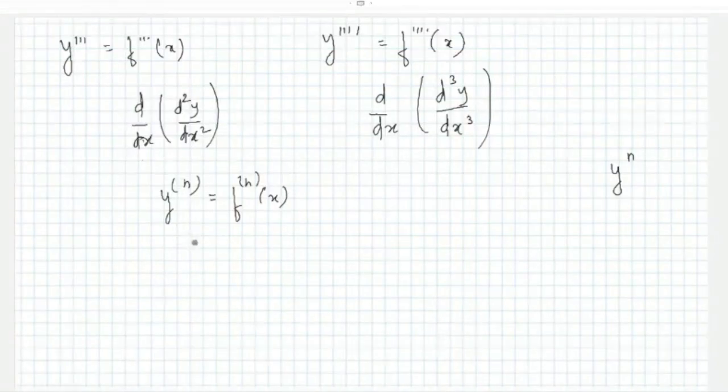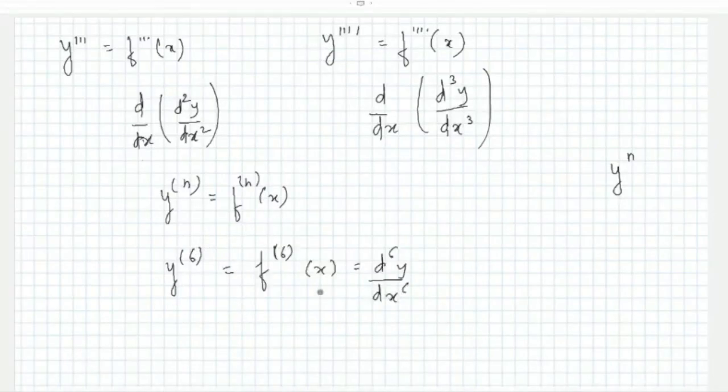So say I have to take the sixth order derivative of this function y is equal to f(x), then I will write that I am calculating the sixth order derivative and this is how I will represent it. So you can basically take nth derivatives of the function at a particular point x. But you also need to make sure that the function is differentiable that many number of times.